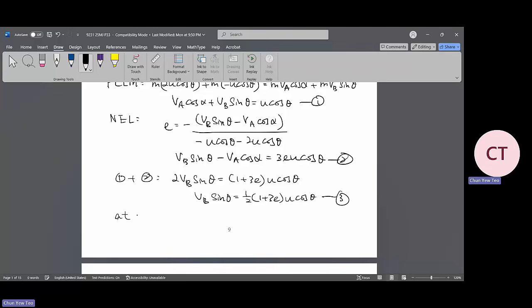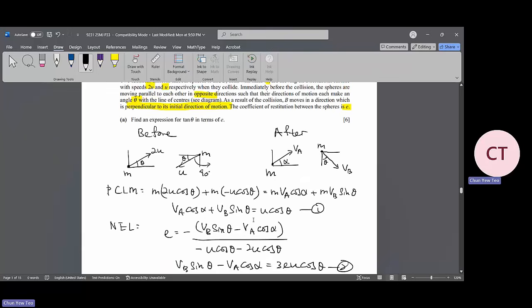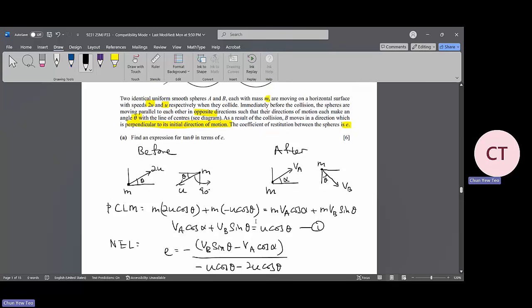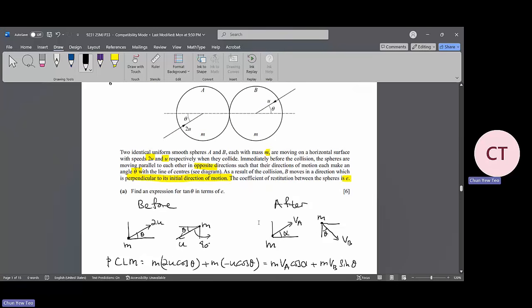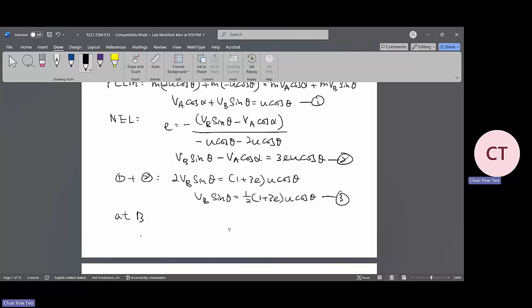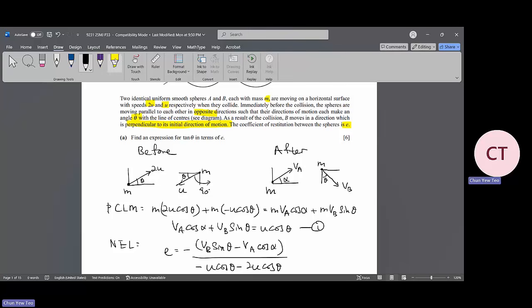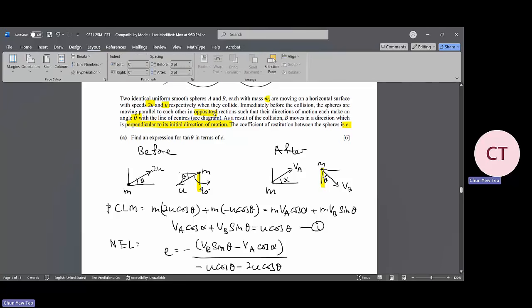Now at B, if I consider the component of the velocity that is not involved in the collision, oh no, sorry, the one that is not involving the collision, that means this vertical one, which means that for B, before and after, the component of the velocity is the same.